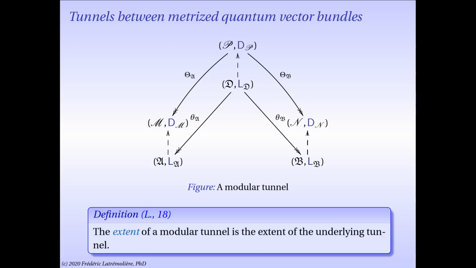In other words, we have a tunnel between A, L_A and B, L_B, with an additional but similar requirement regarding the relation between the module maps and the d-norms. The extent of such a modular tunnel is simply defined as the extent of the underlying tunnel between A, L_A and B, L_B.